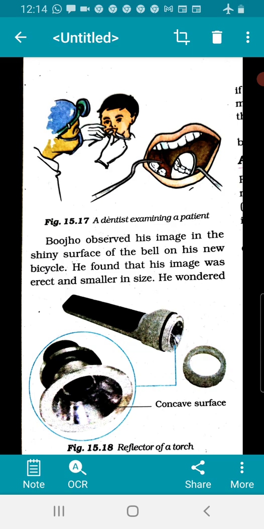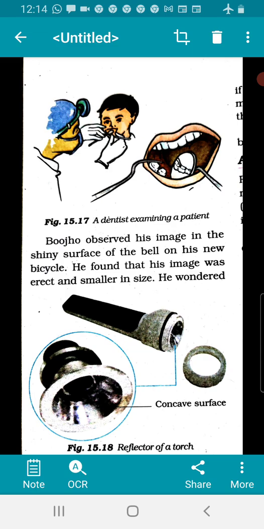They are used in reflectors in headlights of scooter, car, railway engine, searchlight. The dentist also uses a concave mirror to see an enlarged image of teeth while examining the teeth. The doctors use concave mirrors for examining eyes, ears, nose and throat. They are also used in shaving and makeup mirrors.